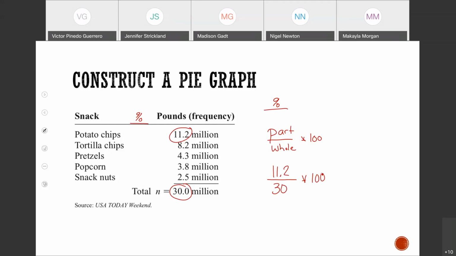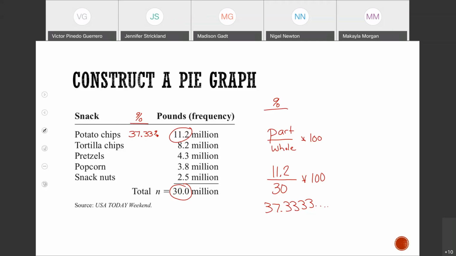All right, if you put that in your calculator, you should get 37, and then a bunch of threes. So we're just going to round that to 2 decimal places. So I'm going to do 37.33%. All right, everybody okay there?